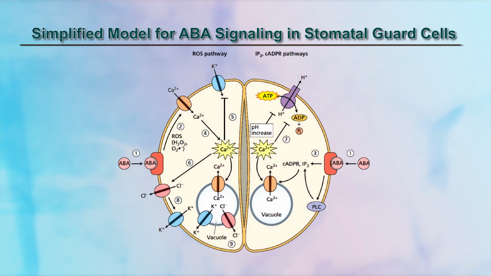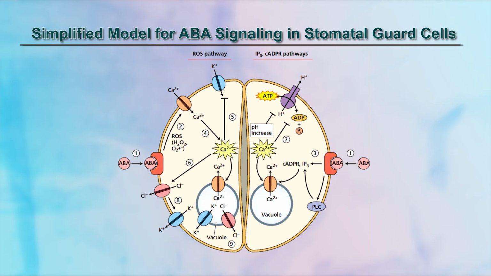Now, in this diagram, the role of calcium ions has been depicted. So, when ABA binds to the receptor on the guard cell surface, the receptors get activated and then it triggers two different pathways. One is the ROS pathway, another is the IP3 cADPR pathway.